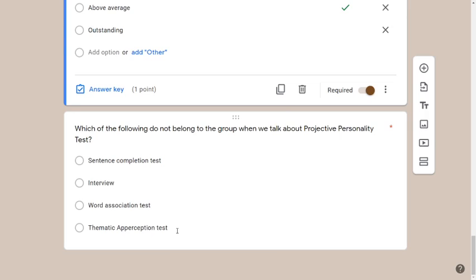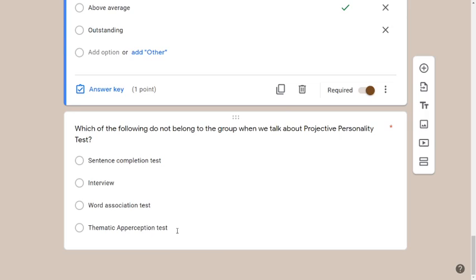The participant will provide the word they think goes along with the sentence. Whatever their response is would also be a form of drawing out their individual personality or beliefs. Therefore, sentence completion is a type of projective personality test.